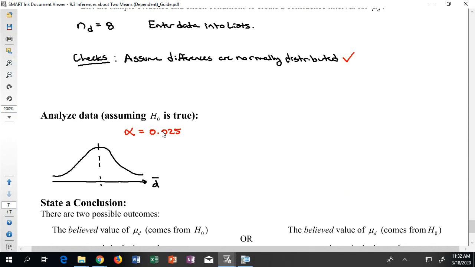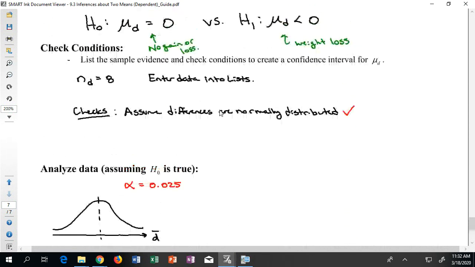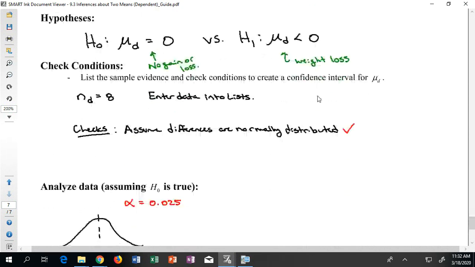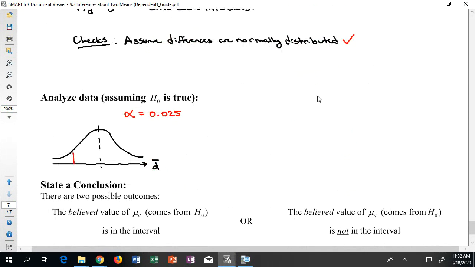And so I know that apparently if I get a value for my average that's too low, I'm going to be concerned. So there should be a value down here, red space, that's 2.5%. Because again, if it's a one-tailed test, then all of that alpha, all that badness, is on that one edge.